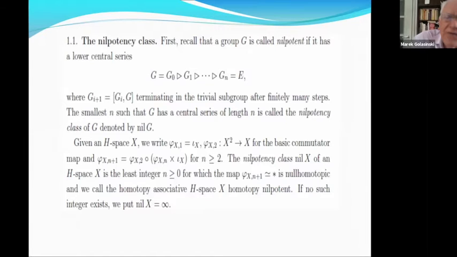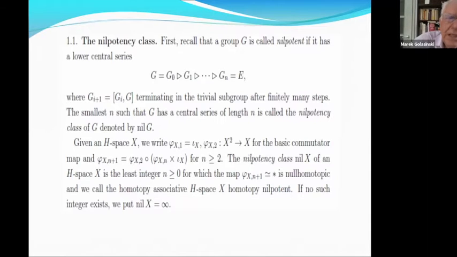Okay, but now we are going to discuss something about nilpotency on the level of H-spaces. First recall that if you have any abstract group G, then this group is called nilpotent if it has a lower central series, with the terms of this sequence given like this. G_{i+1} is defined by G_i, that is simply a commutator, defined by induction.